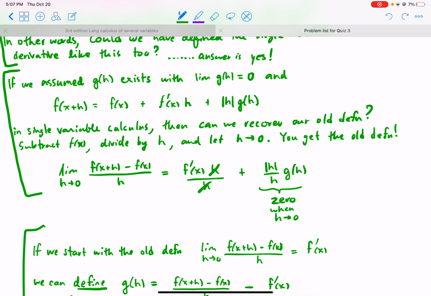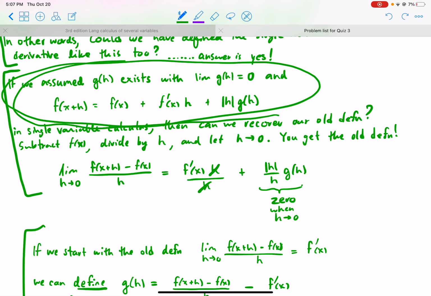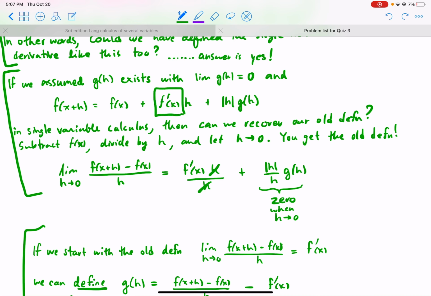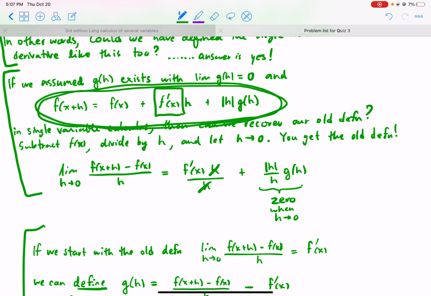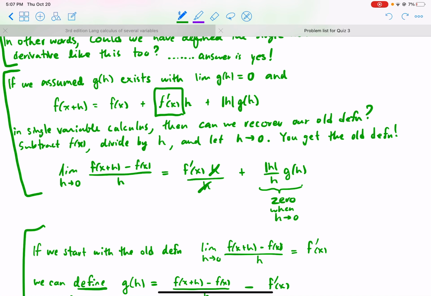And that's our old definition on the left-hand side. And the right-hand side, the h's cancel. This is either a +1 or a -1, so it's totally irrelevant because g of h goes to 0 as h goes to 0. Okay, so we could have used this definition in single variable calculus. The derivative is the thing that goes here to make this equation, this linear approximation formula, true. And that's what the derivative is.